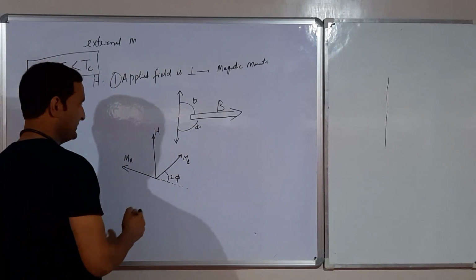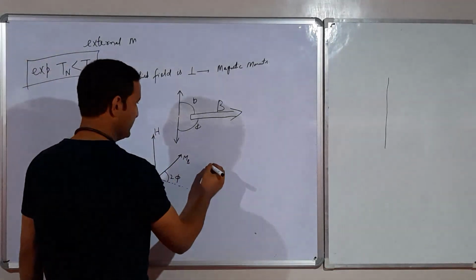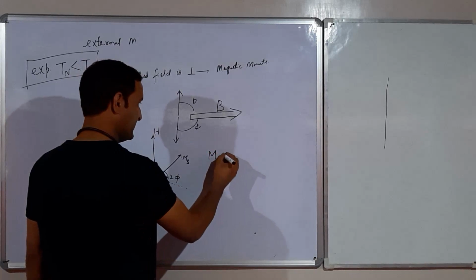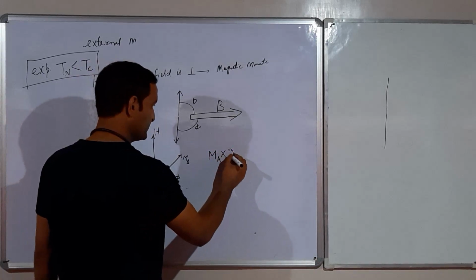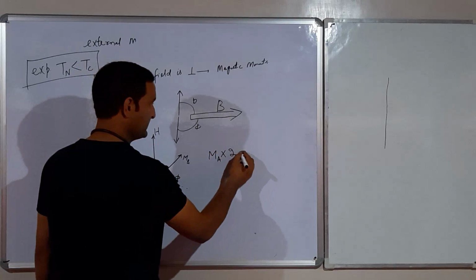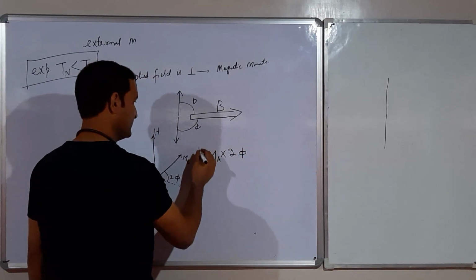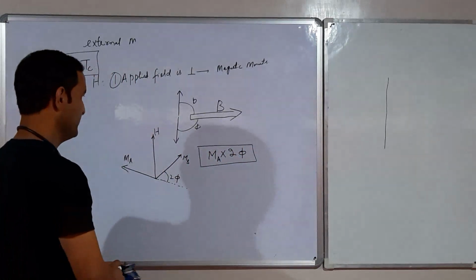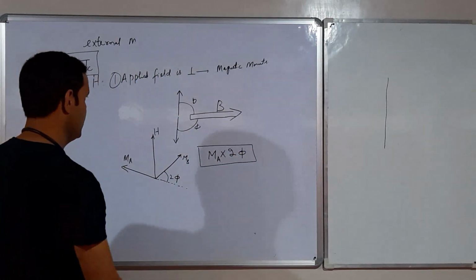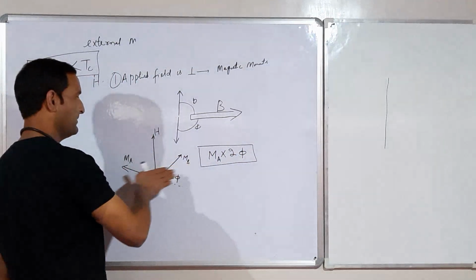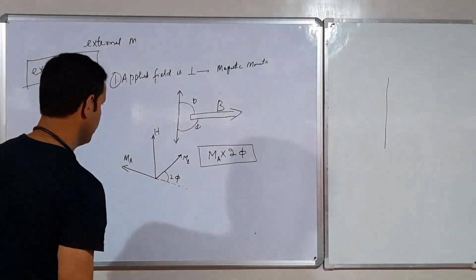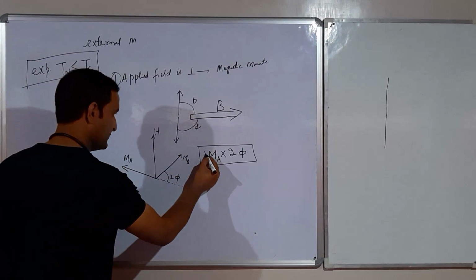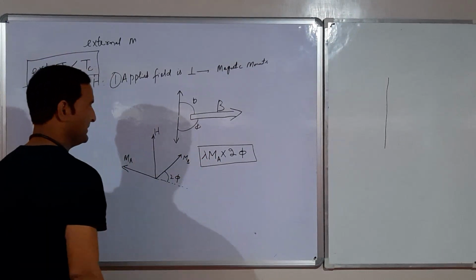Therefore we can multiply the magnetization, for example Ma, by twice phi. This is the magnetization of Ma in the direction of Mb, and here lambda is the molecular field coefficient.